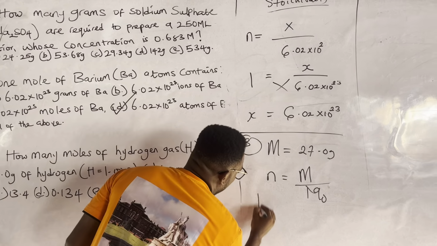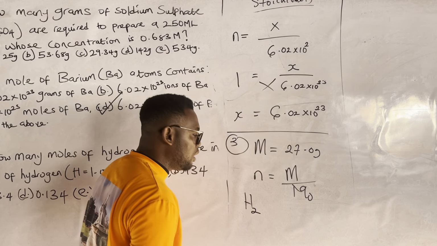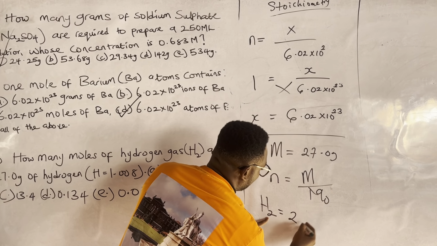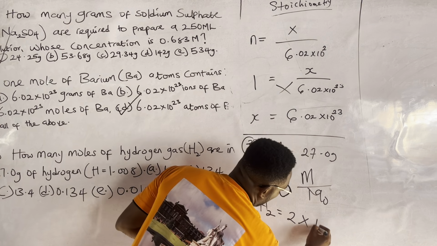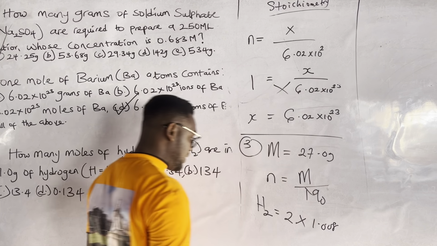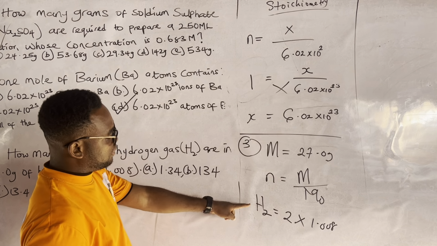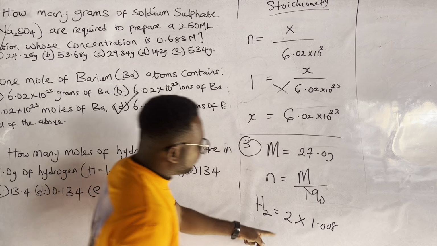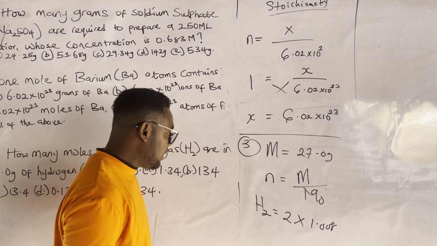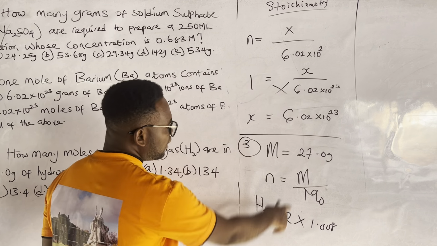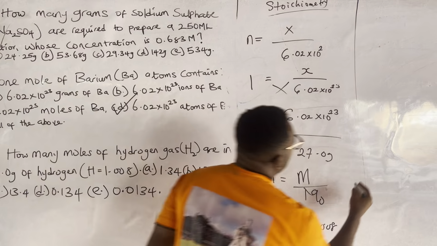Hydrogen is written as H2, so I will have 2 times the relative atomic mass of hydrogen in the question, 1.008. This becomes my molar mass, 2.016.